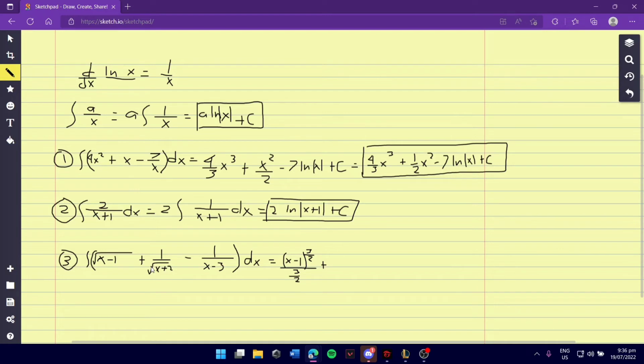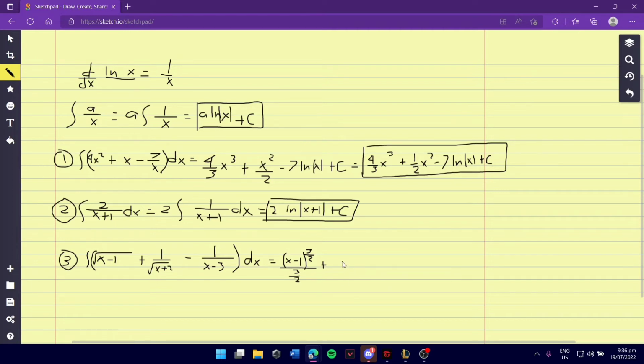The square root sign, we will convert it into a fraction. So this is 1 half. When putting it in the numerator, the exponent will become negative.